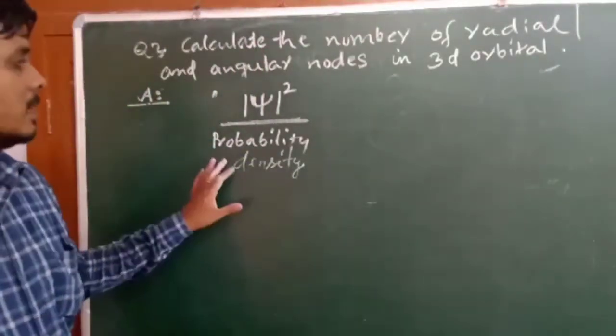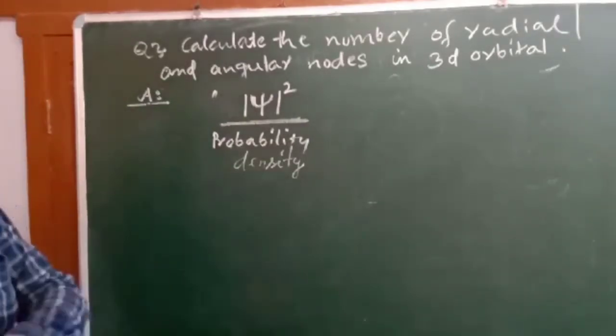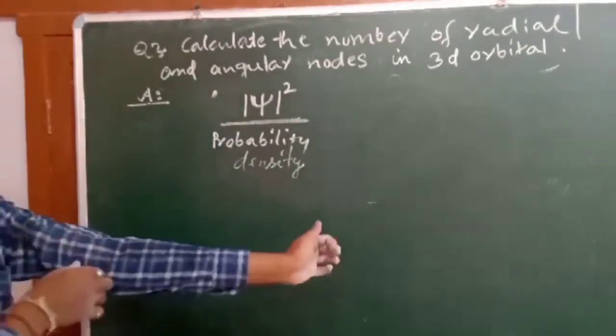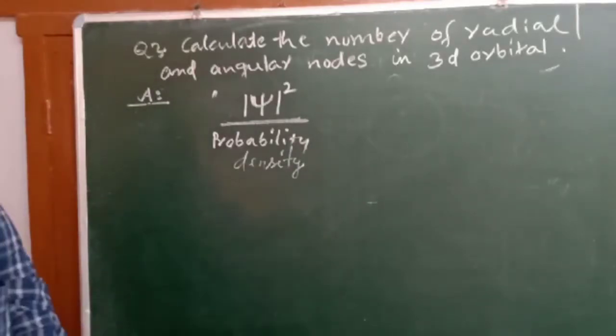Now, psi square gives me the probability of finding an electron in an atom. So from this notion of psi square, we get nodes in an atom.